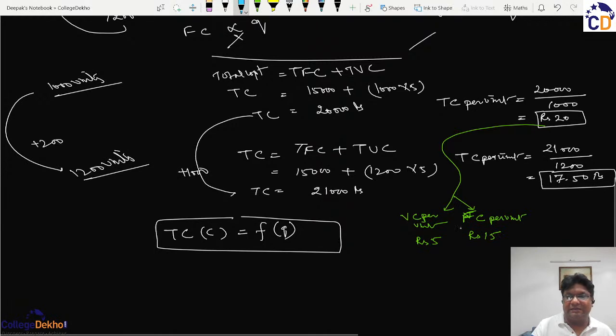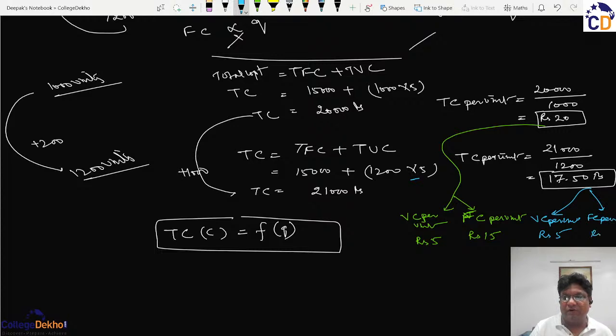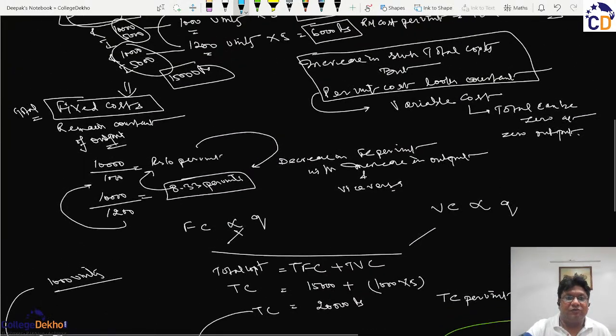And if we analyze the cost here, then the variable cost per unit will again be rupees 5, and this fixed cost per unit will be rupees 12.5. And how has this 15 been calculated? 15,000 divided by the 1000 units, and now it has been calculated as 15,000 divided by the total quantity of 1200.